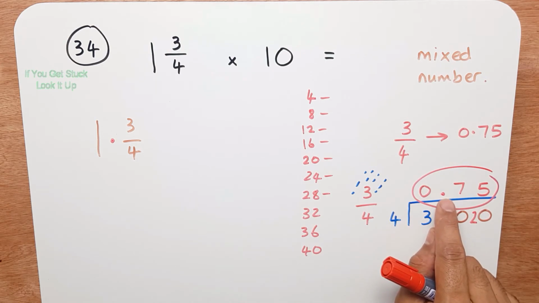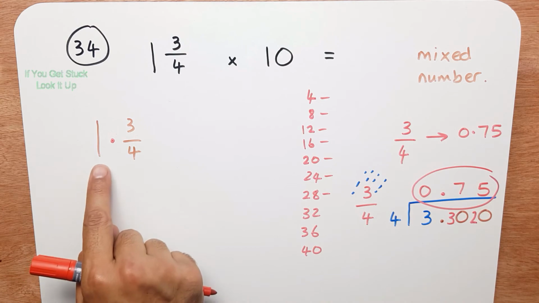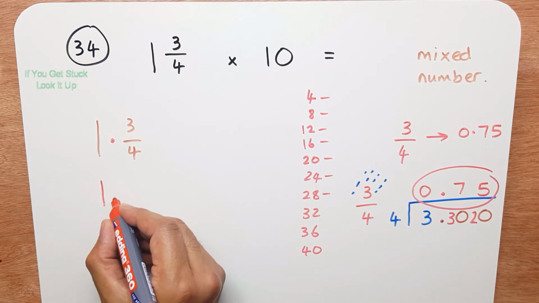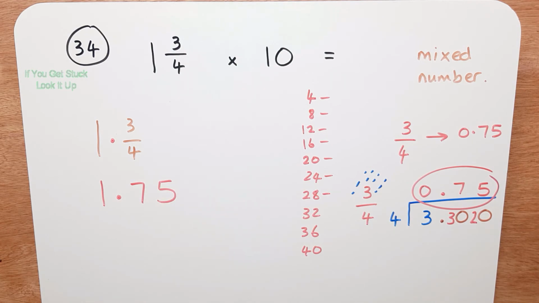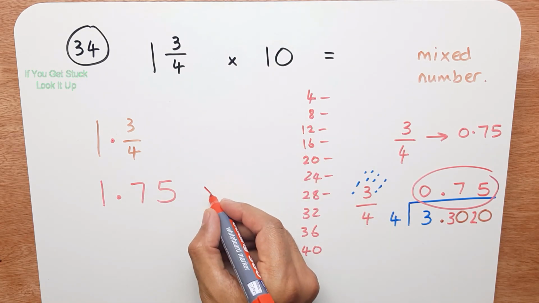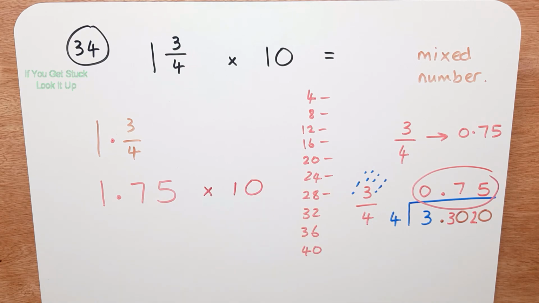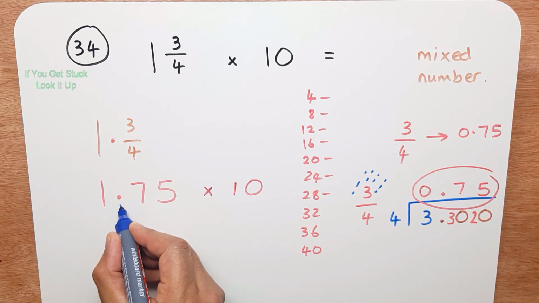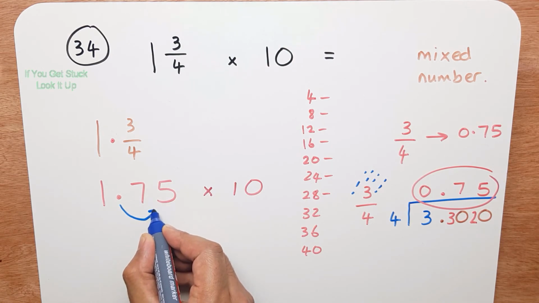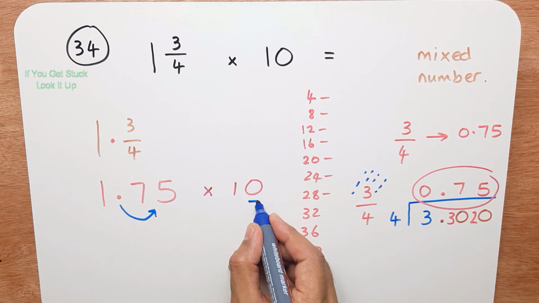So our answer is 0.75. So what I can do is add 0.75 to this 1. So my answer will be 1.75. And we have times 10. Now the question is, whenever you multiply a number by 10, what do you do to the decimal? You make the number bigger, so you move the decimal point one place to the right, because there's 1 0.